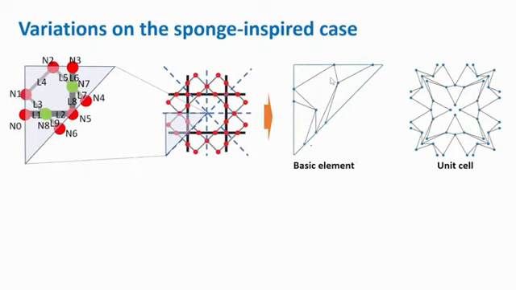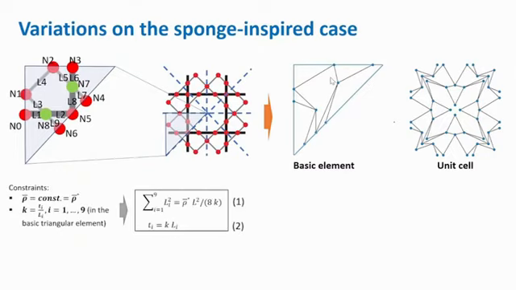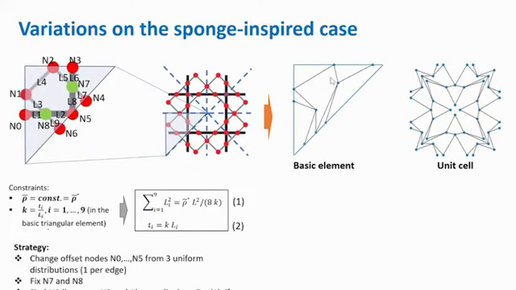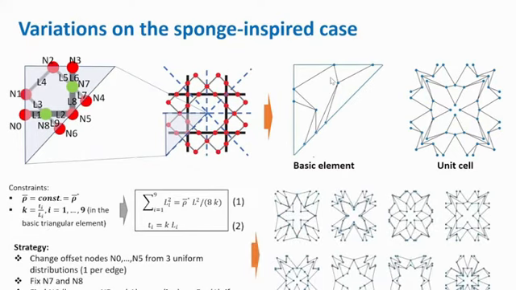What we do is move the boundary nodes randomly on the edges of the triangle while keeping the interior nodes constant, and we can obtain different unit cells. We put the constraint of constant relative density, so the volume fraction, and constant slenderness ratio in each beam, which is the ratio between the thickness and the length of each beam. Then with some strategy we generated random geometries by moving the boundary nodes, the red nodes.